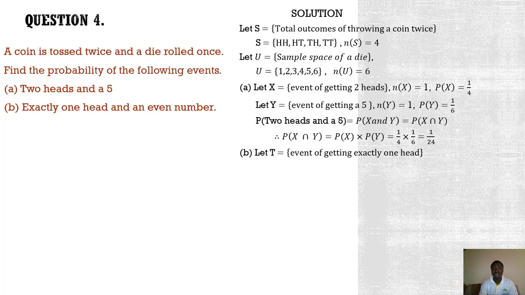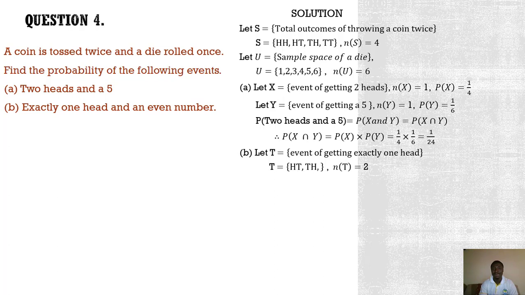Now let's look at the B part. Let T equal to event of getting exactly 1 head. Now when you look at the set S at the top there, the event of getting exactly 1 head, you can only see head, tail, and tail, head.